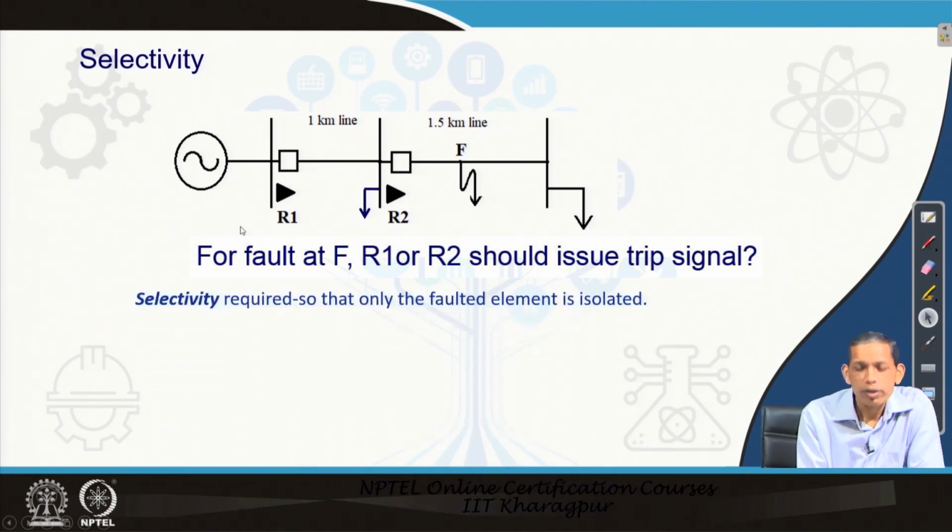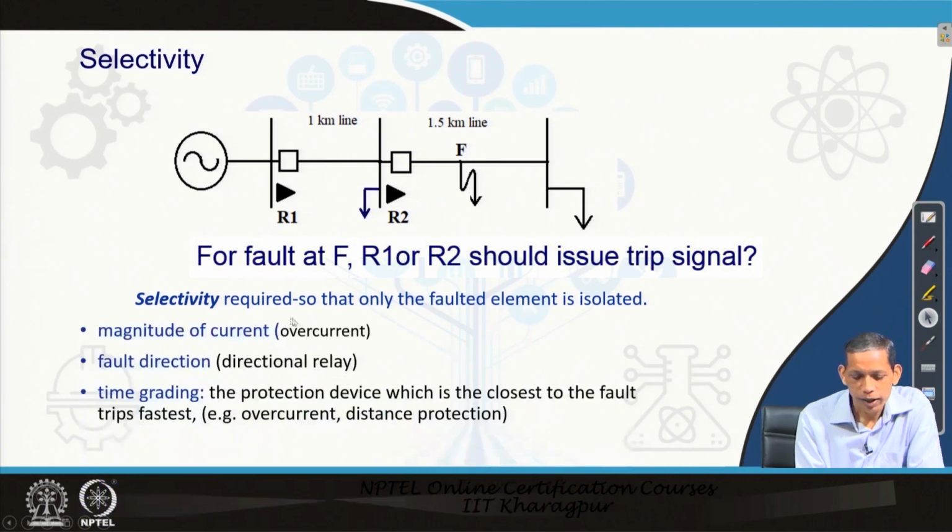So, there is a perspective we call selectivity, required so that the faulted element is isolated successfully and also reliably. This selectivity is an important factor, and it is addressed by different features of a protection scheme.